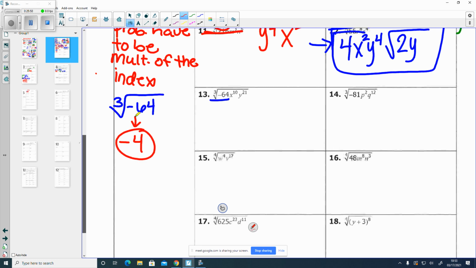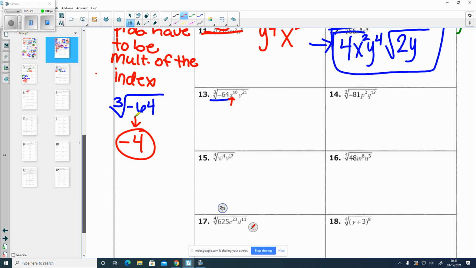All right, what about x to the 10th? Okay, x to the 10th, which number would be a multiple of 3 if I went down? You don't want to go up. So if I take away how many? It would be the x to the 9th as a multiple of 3, right? So I just need to take away one of these.